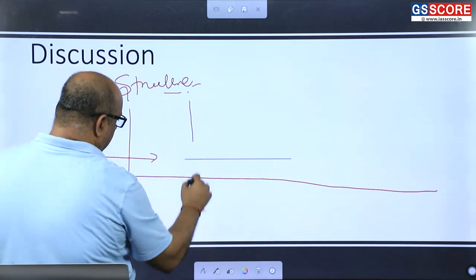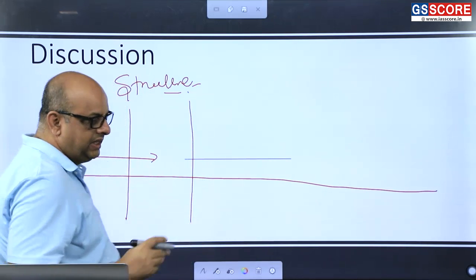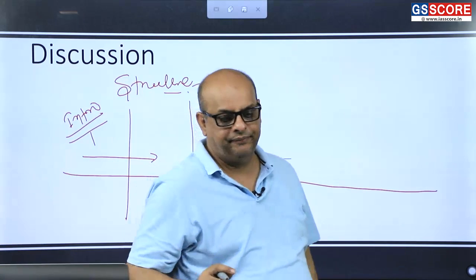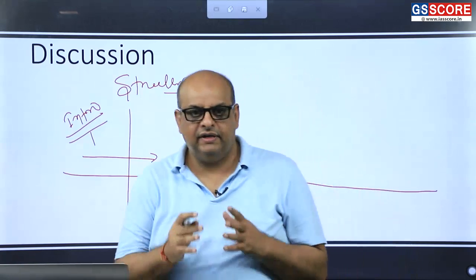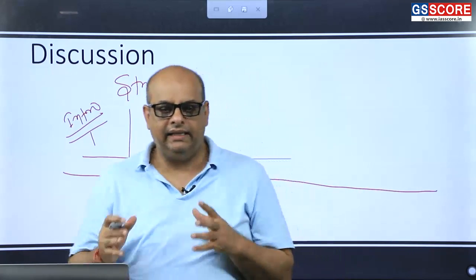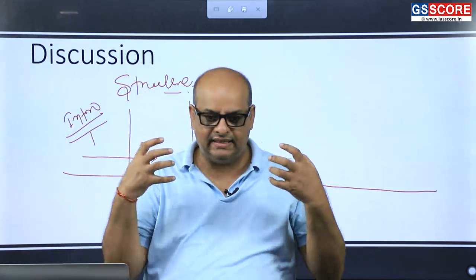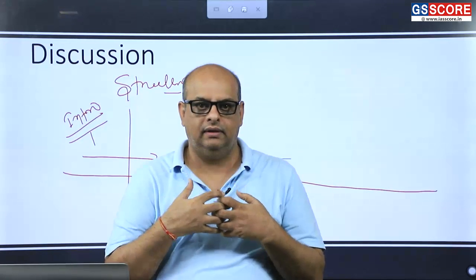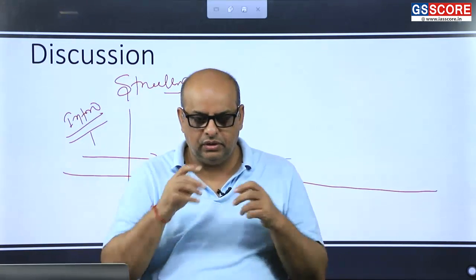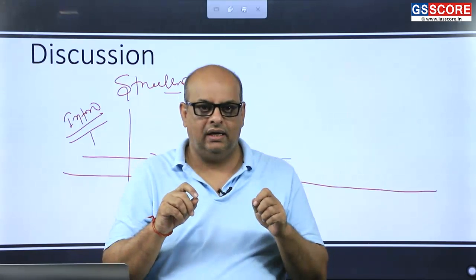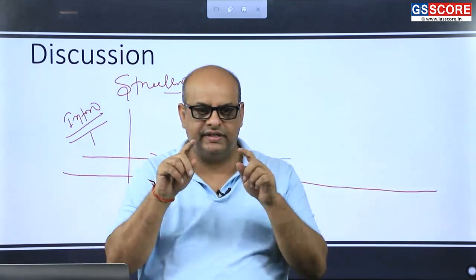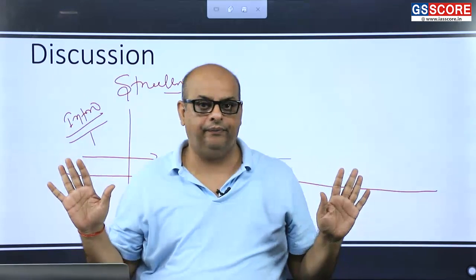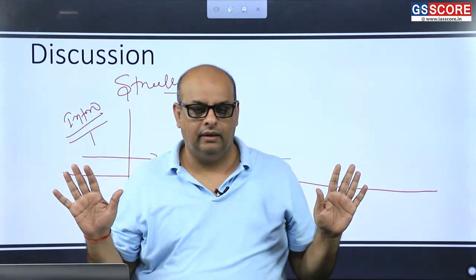Then UPSC sometimes asks what the ethical issues involved in the case are, and sometimes asks what the ethical dilemma is. There is a difference between an ethical issue and an ethical dilemma. An ethical dilemma happens when there is a value conflict. The way you write, never ever write ethics versus law or morality versus law in short form. I repeat, never ever write that.